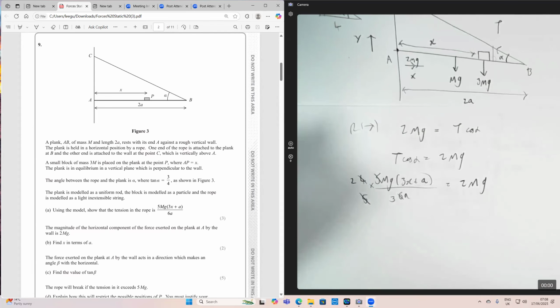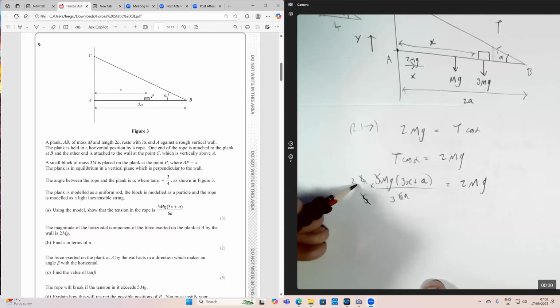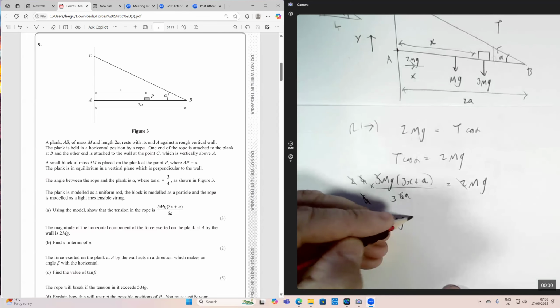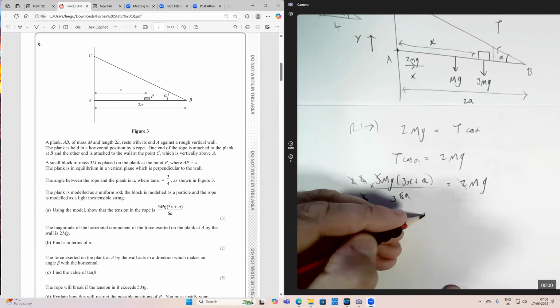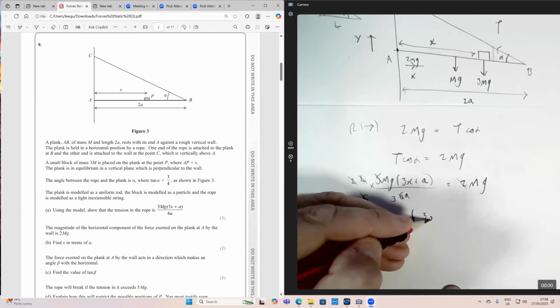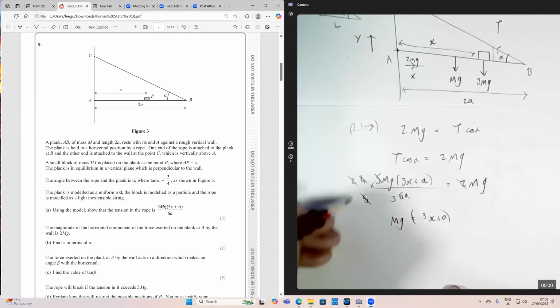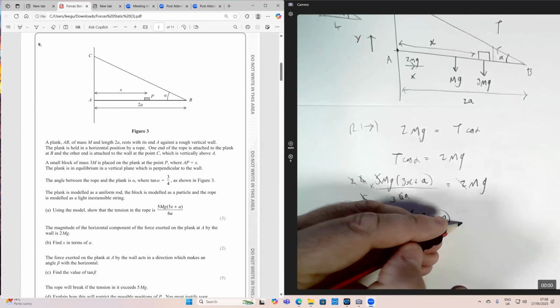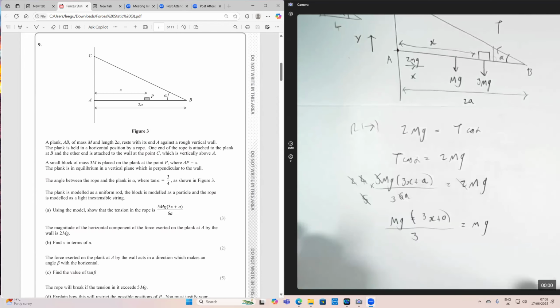Okay, so that's looking good so far. And then we can also cancel out a factor of 2 from both sides. Let's just write down what we've got so far. mg is equal to mg times (3x + a), and that's all over, everything else is cancelled, just a 3 there in the denominator, is equal to mg.